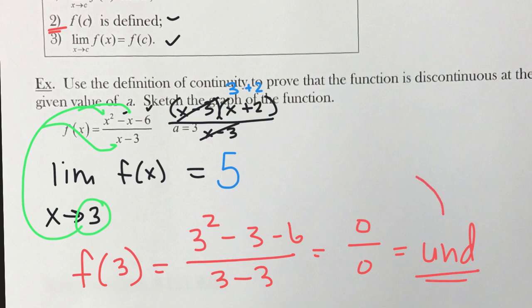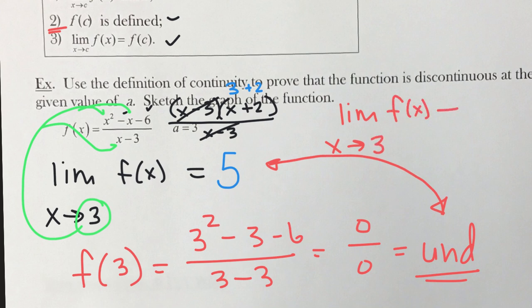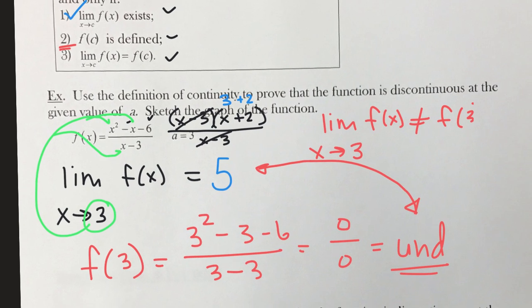That's the beautiful thing, is I did not get 5. So the limit as x approaches 3 of our function does not equal the y value at 3. Okay? Does not equal the y value at 3. So that is why our function is discontinuous. The limit does not equal the y value.